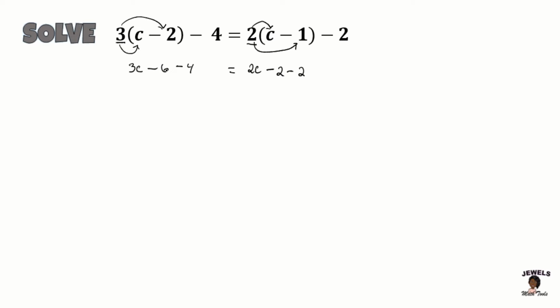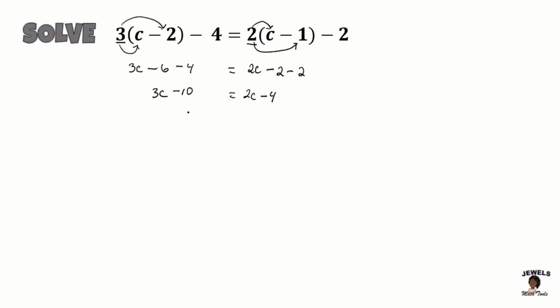So we're going to start by simplifying the left hand side, and since -6 and -4 are the constants, we know that -6 minus 4 gives us -10, because our rules for integers tell us to add the numbers and keep the negative sign. And we're going to return our 3c back. And again, we're going to do the exact same thing on the right hand side.